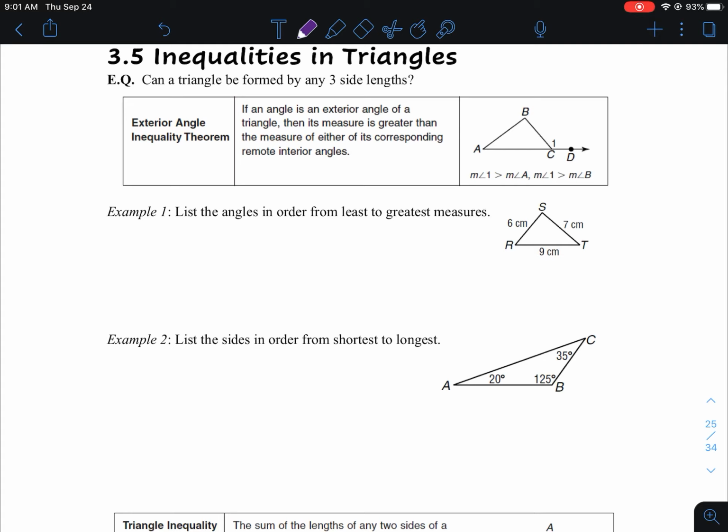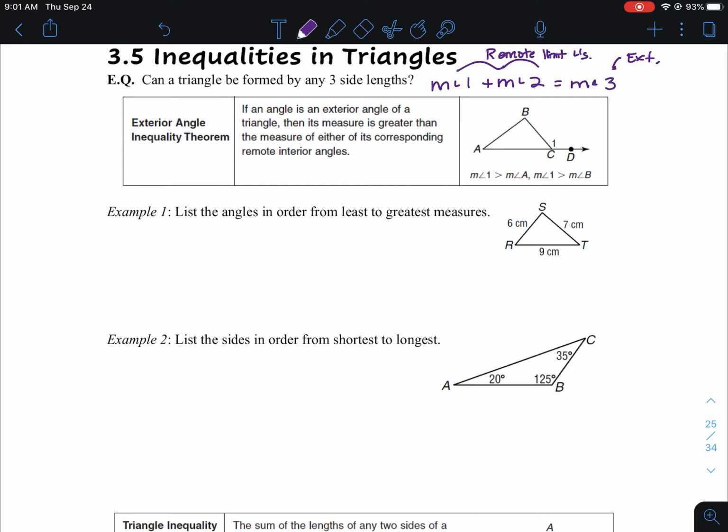So we're going to start with the exterior angle inequality theorem. We know the exterior angle theorem says the measure of angle 1 plus the measure of angle 2 is equal to the measure of angle 3, where 3 is my exterior angle and 1 and 2 are my remote interior angles.